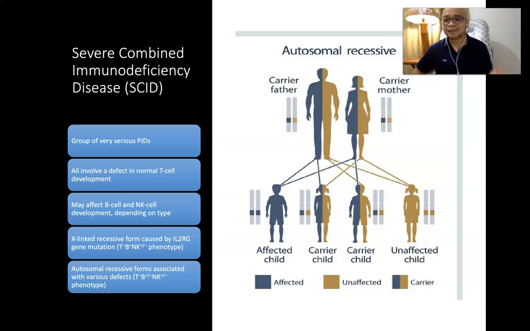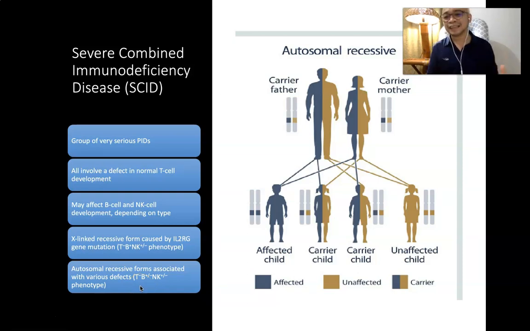The reason it is X-linked is because of the IL2RG gene mutation. If it's X-linked, you would expect the phenotype to be T negative, B positive, NK negative, which is actually the same phenotype even if it's the autosomal recessive form.